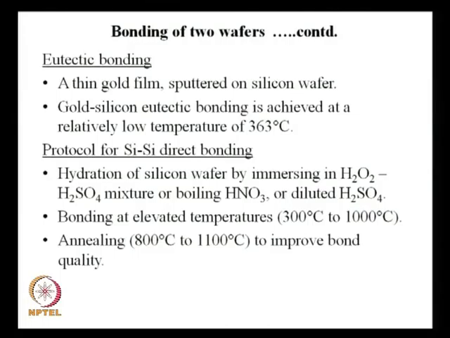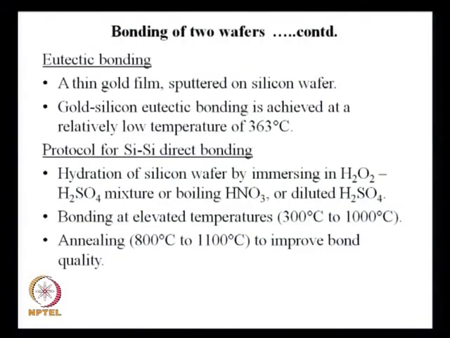That way, if you use the gold silicon eutectic, if you apply a gold layer between two silicon layer, since gold forms a eutectic mixture with silicon and it will follow a different temperature, it will not melt at the temperature silicon dictates, it is not that way. So, you can take advantage of that and get this bonding done at relatively low temperature, 363 degrees centigrade.